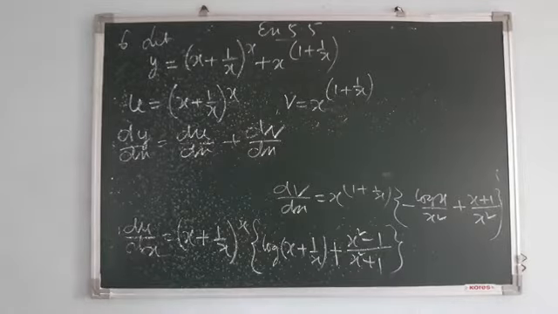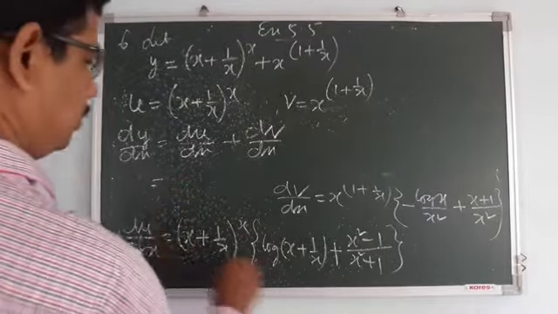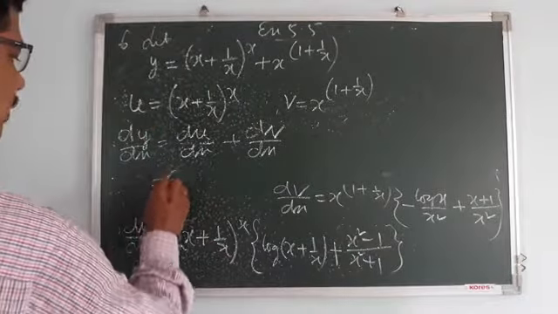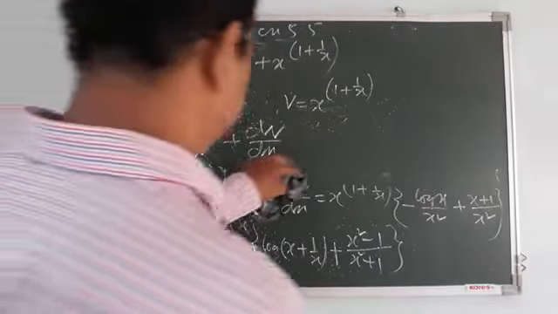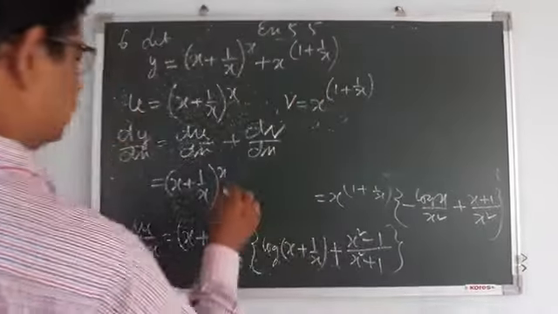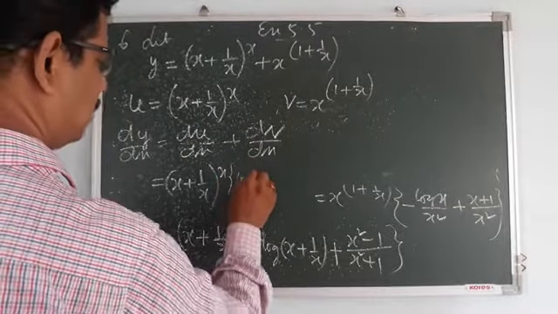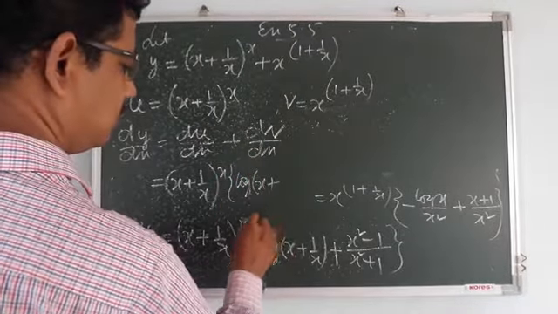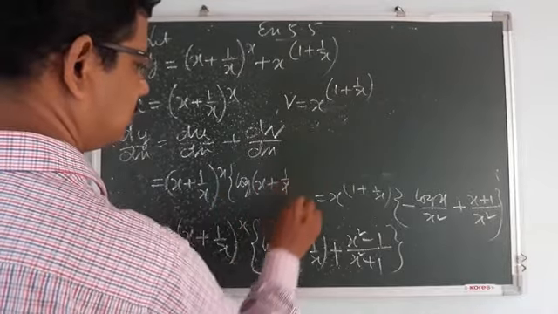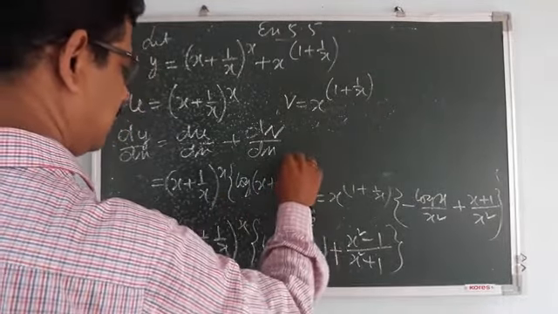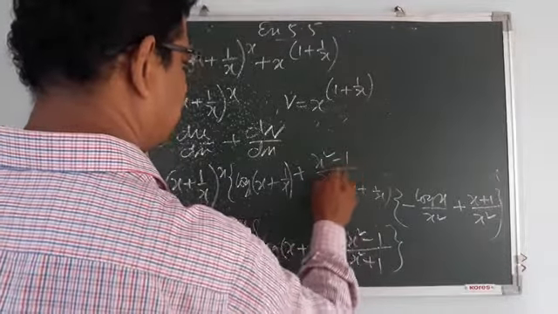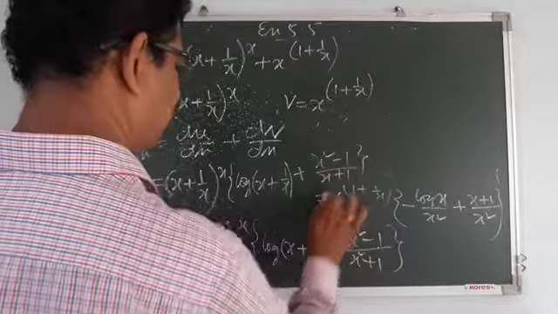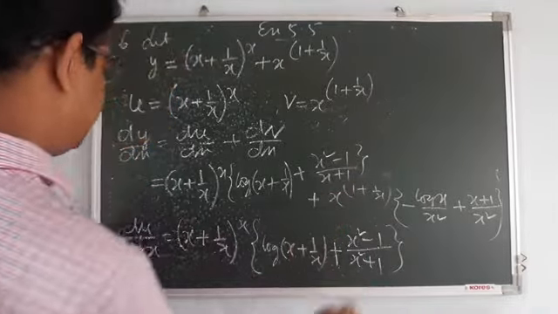Then what to do? Du dx we are writing first. Du dx is this value. It is x plus 1 by x to the power x, a little big sum also. It is log x plus 1 by x, within the bracket, plus x square minus 1 by x plus 1, plus dv dx is this.